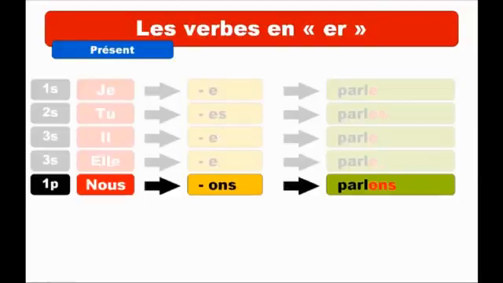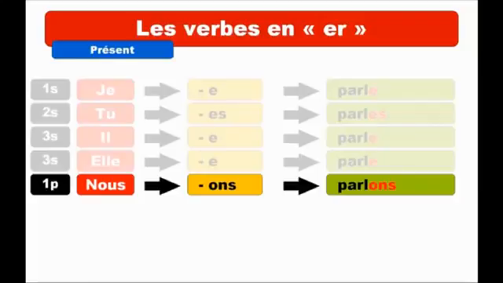So let's see now for nous. And for nous, you will get this ending ons, okay? And if you combine that with our verb, you will get nous parlons. Repeat. Nous parlons. Okay? So keep in mind that the final S is not pronounced, okay?